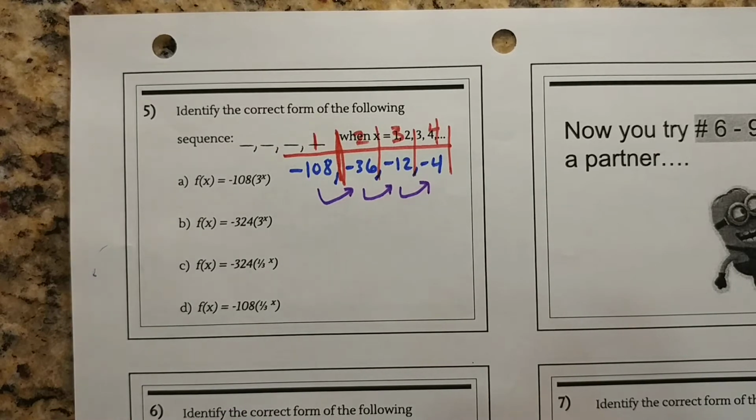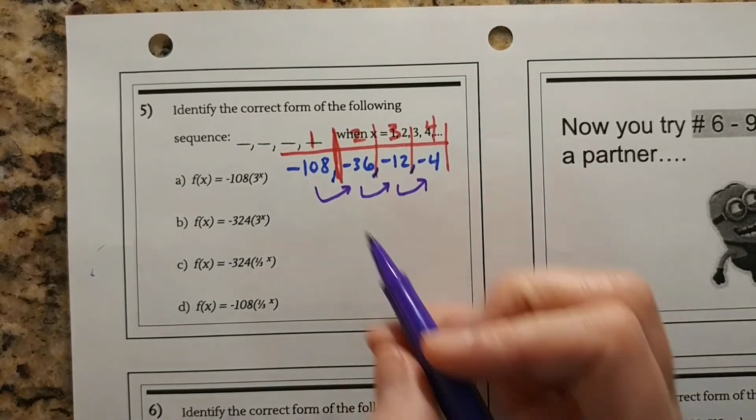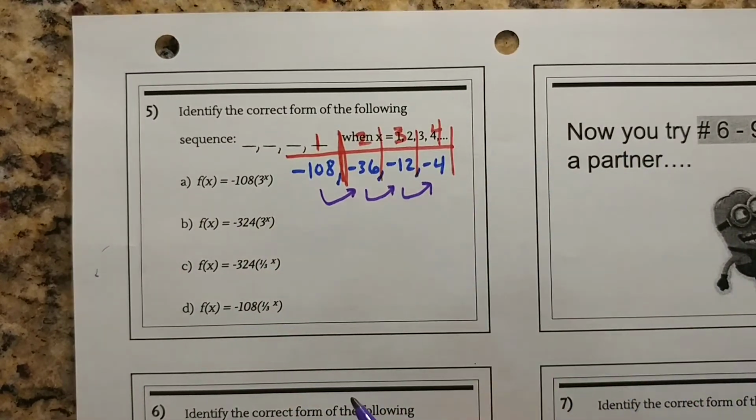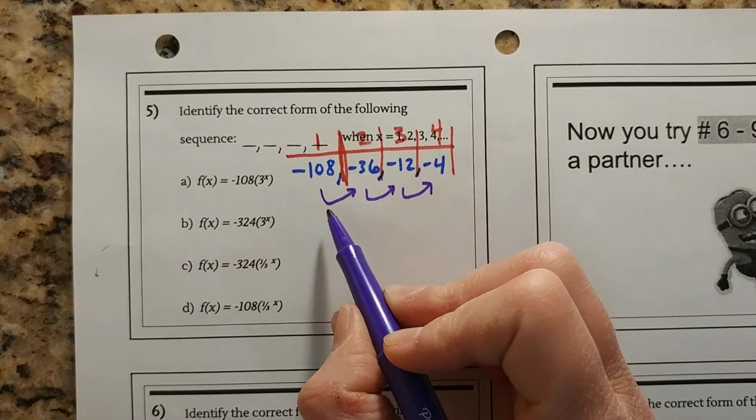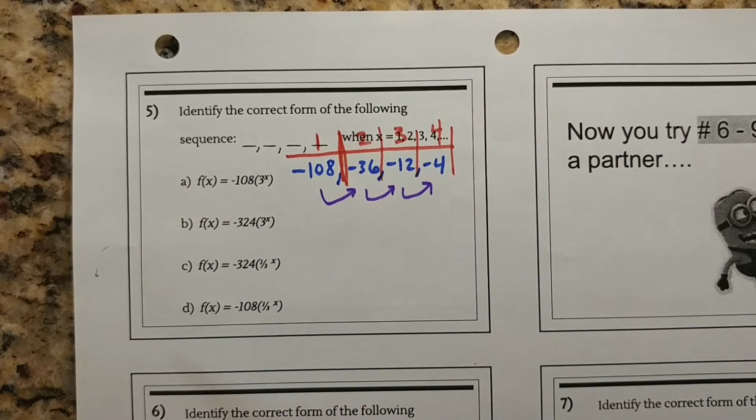If a calculator helps you, that works. So you might be thinking, because they're getting bigger, that you're adding. Are you doing a constant addition? Doesn't look like that.